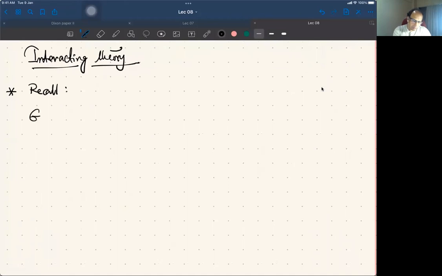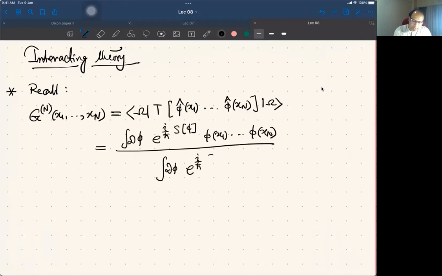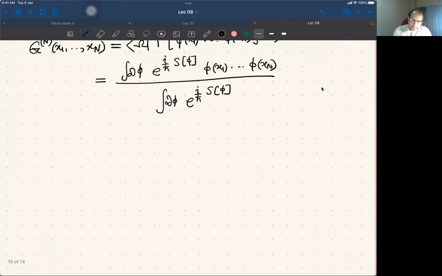Recall the Green's function is given by the vacuum expectation value of the time ordered product of phi hats, and that has the path integral expression: integral d phi e to the i by h bar S[phi] phi(x1) to phi(xn) divided by integral d phi e to the i by h bar S[phi]. That's the definition of the Green's function.